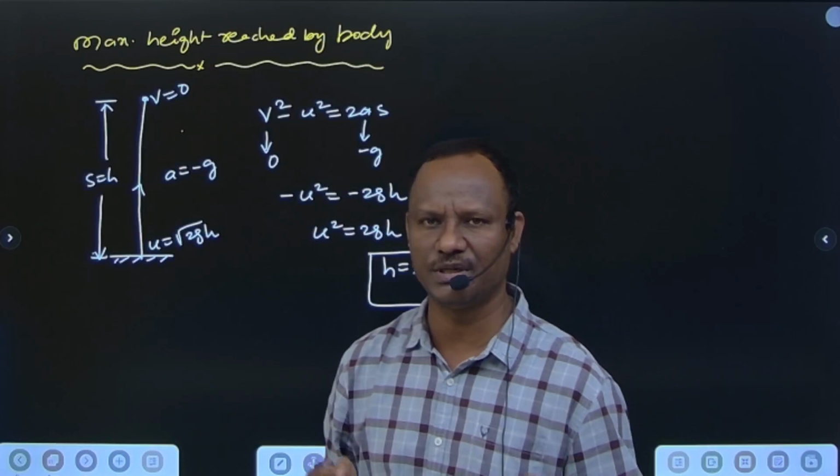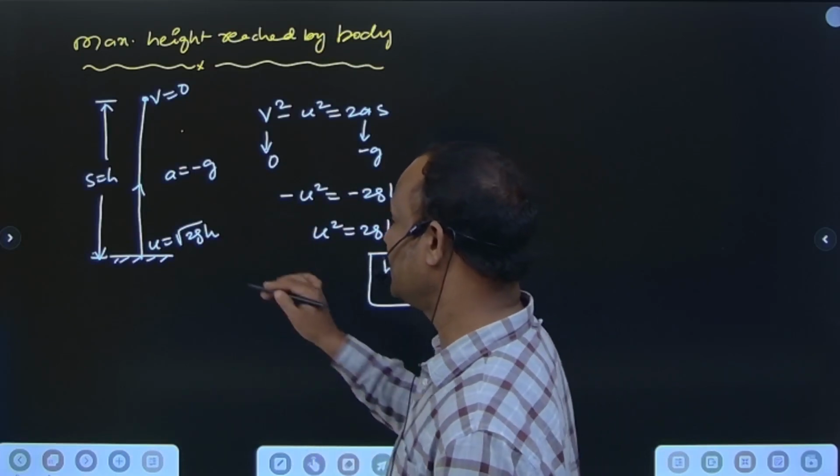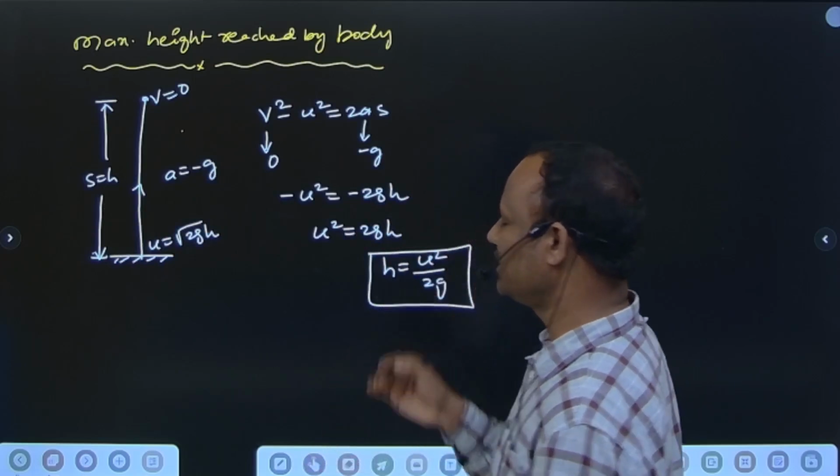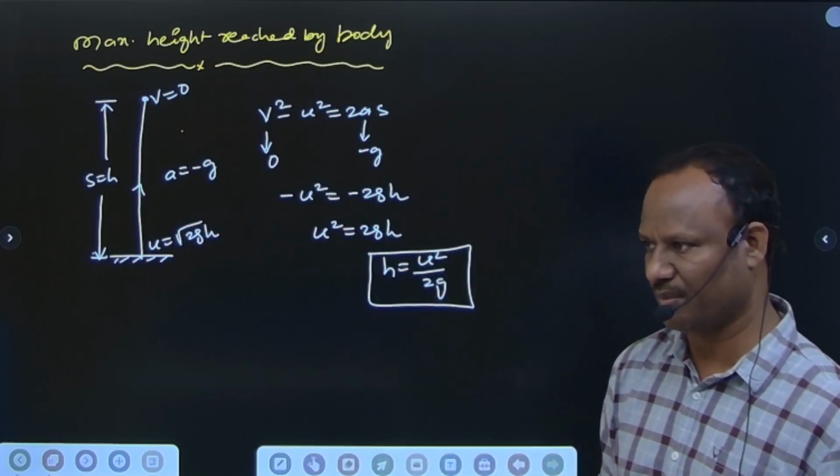The most repeated questions from this: what is the velocity at half of the maximum height? What is the velocity at one-fourth of the maximum height?